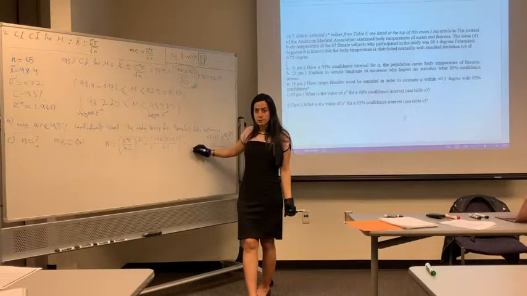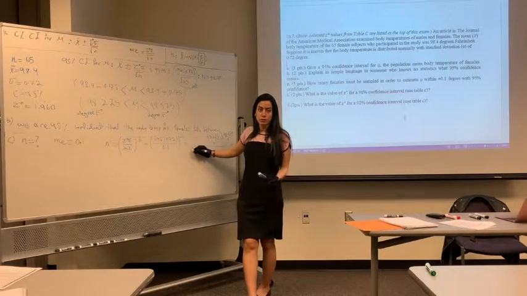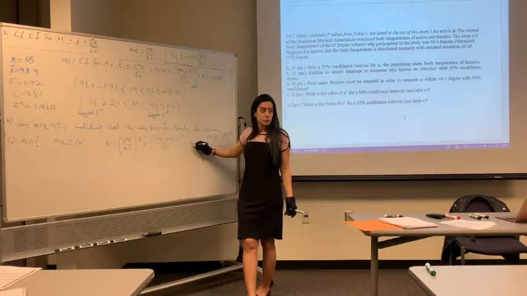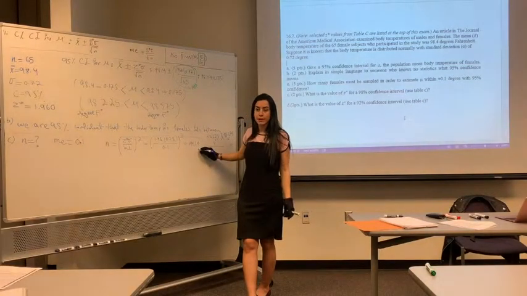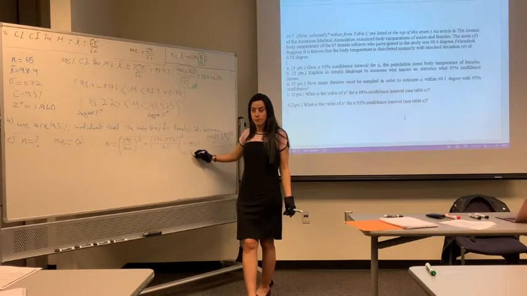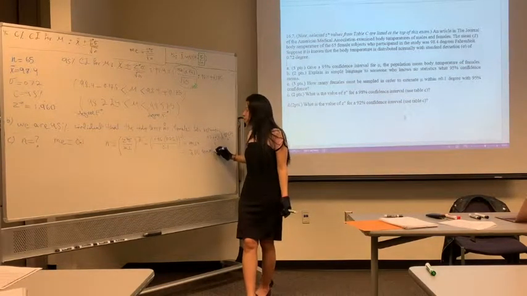Can you give me the final answer? You want it rounded? I got 199.1. Oh, this is good. Is this correct? So how many samples do we need? 200. So 200 females.